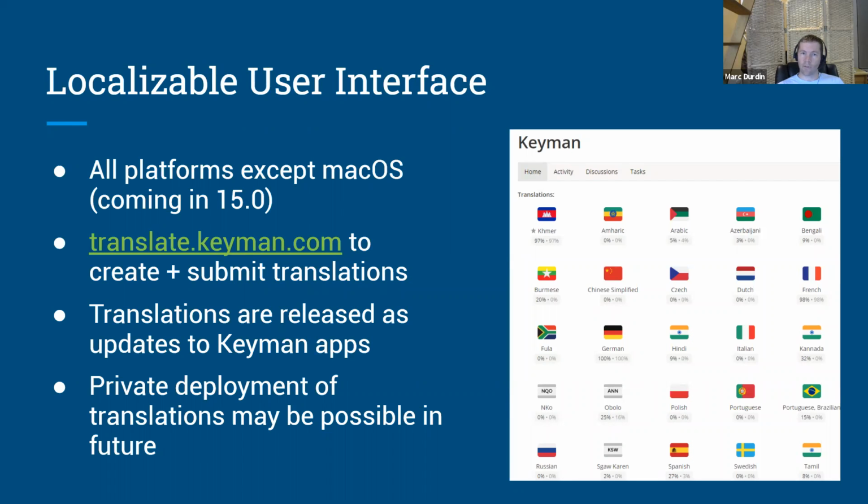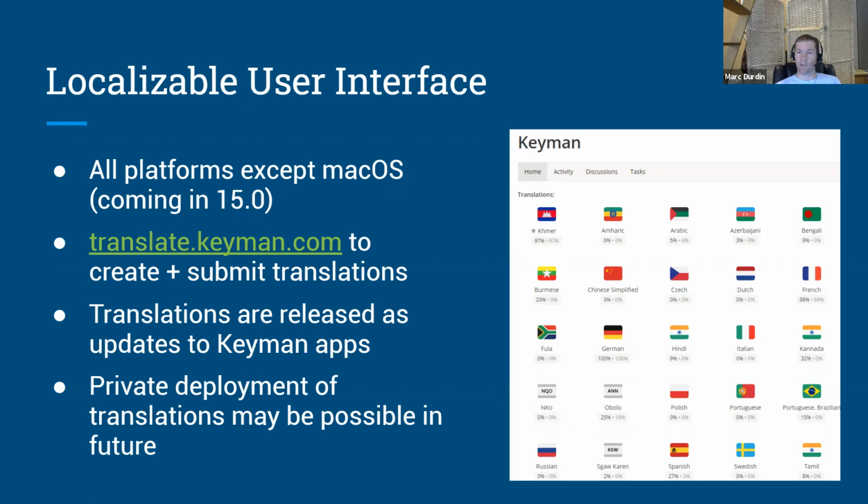Also with version 14 of Keyman, we've made it localizable so that you can translate the user interface into any language, and it will then be available as a part of the Keyman app. At this point, we're releasing the translations as updates to the Keyman app, so they're not something you can install into the app yourself.